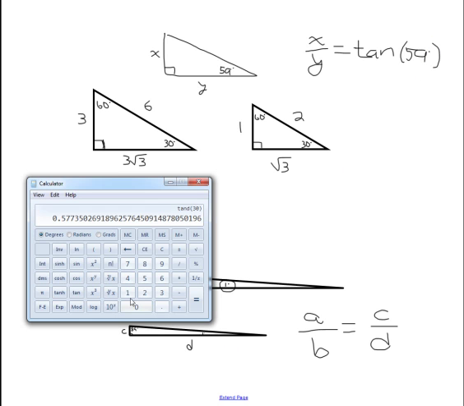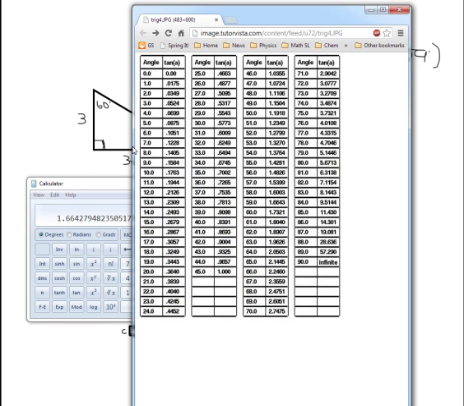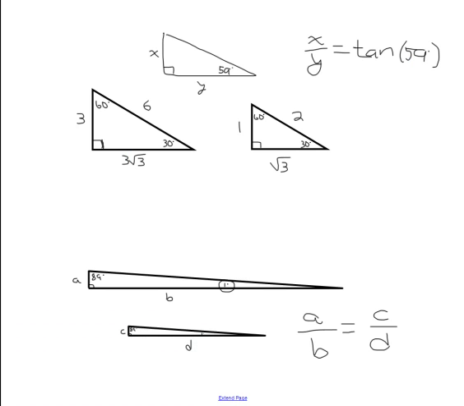Punch that into the calculator. Right, 59 degrees tangent, I get 1.644, which we can double check with our table here. 59 degrees, 1.644.